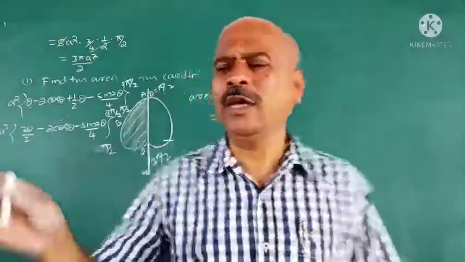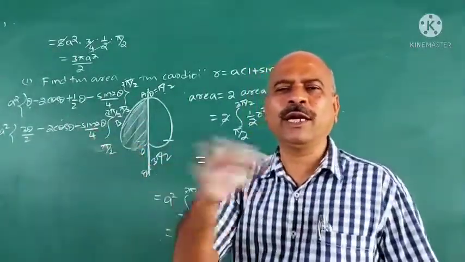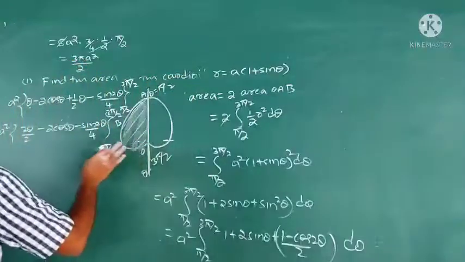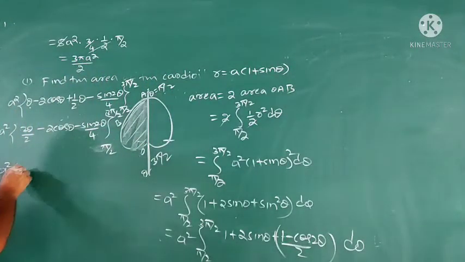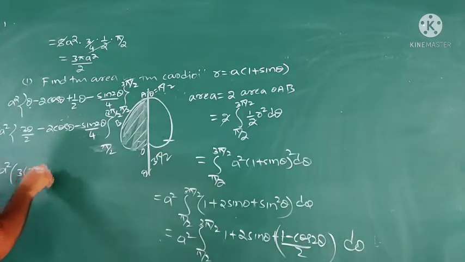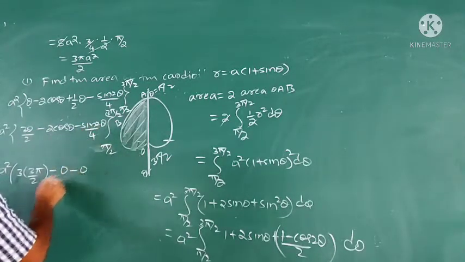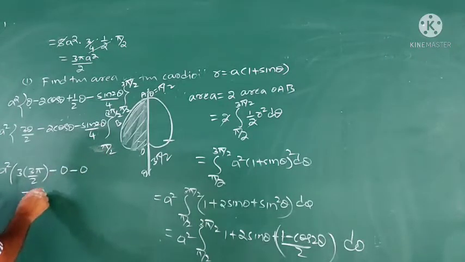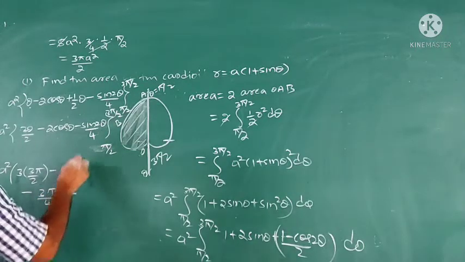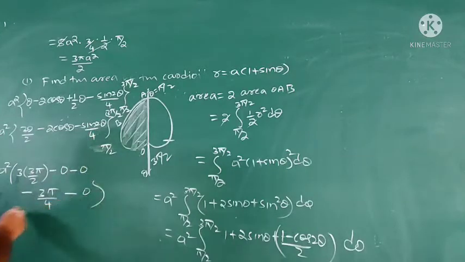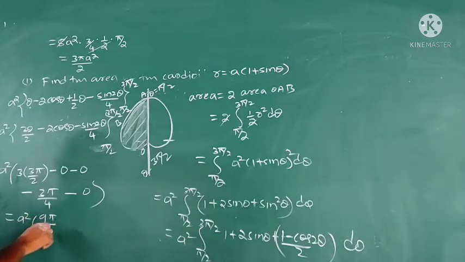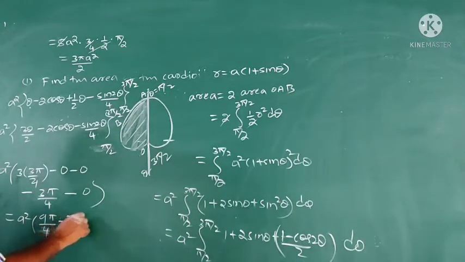Yes, definitely I am in a hurry because I have to complete this within 2 minutes, as my time is over. a² [3 into 3π/2 − 2 cos 3π/2, which is 0, sin 3π which is 0] minus, at π/2, you will get 3π/4, minus 2 cos π/2 which is also 0, sin π which is 0. So a² [9π/4 − 3π/4].